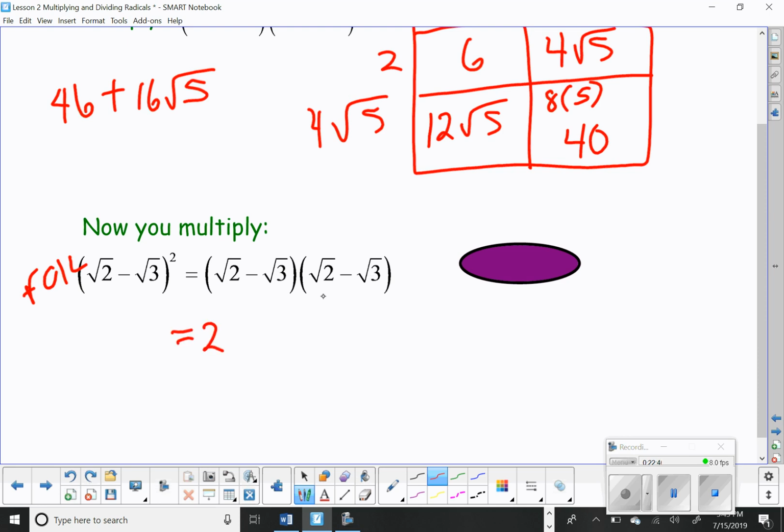Square root of 2 times minus square root of 3 is negative root 6. Negative root 3 times root 2 is minus root 6. Negative root 3 times negative root 3 is plus 3. And then you can just put it all together and you have 5 minus 2 root 6.